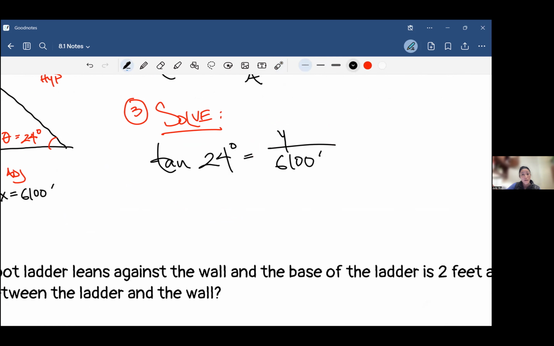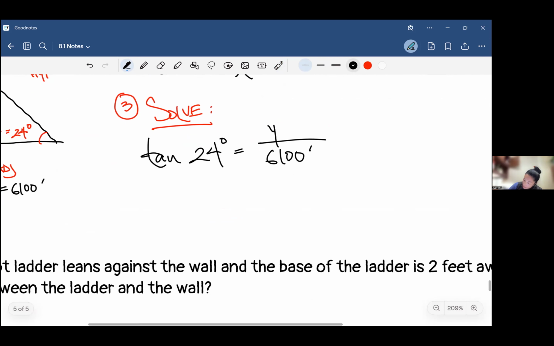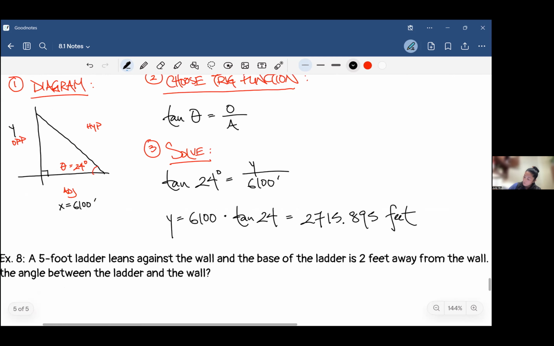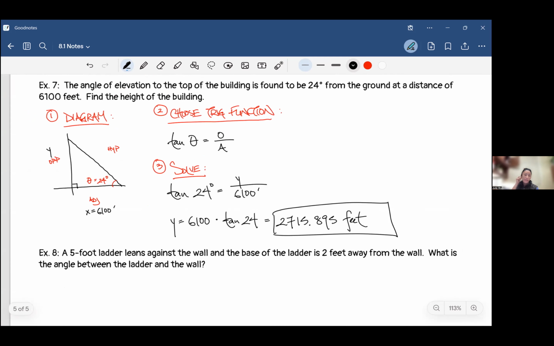So to get y all by itself, I'm going to multiply that to the other side, and I'll get y equals 6,100 times tangent of 24. Give you a moment to plug that into your calculator, but we should get 2,715.895 feet. Okay, so that means that this building is almost 3,000 feet tall.